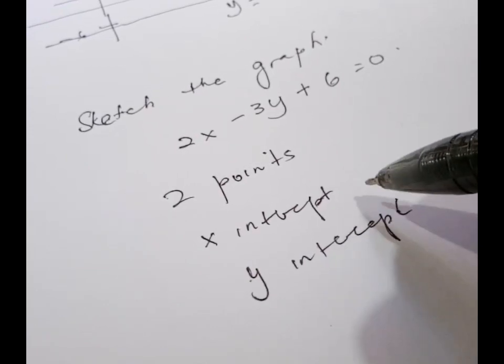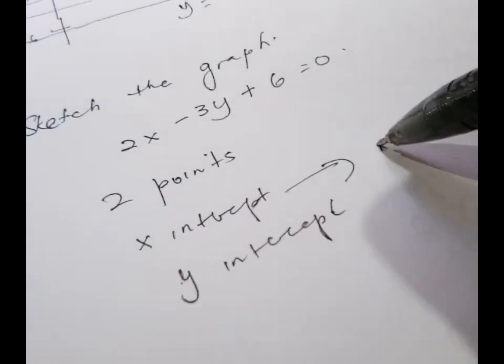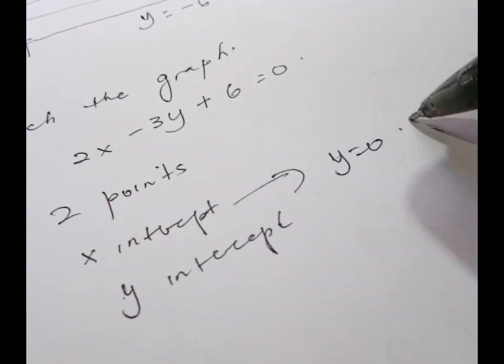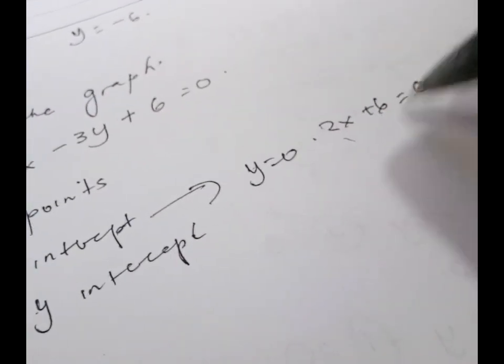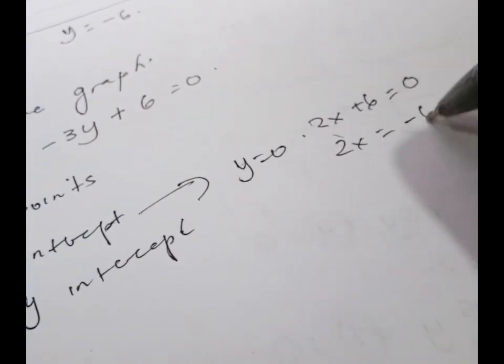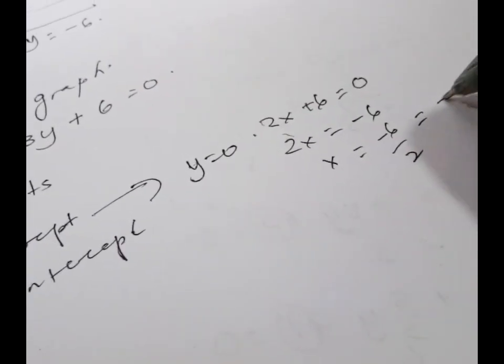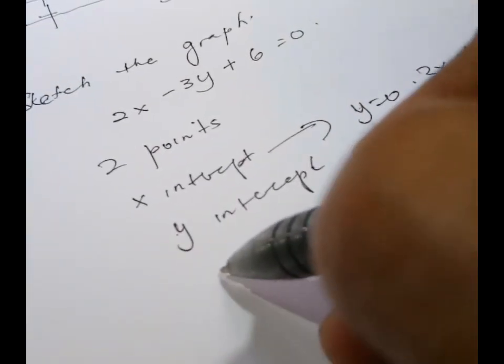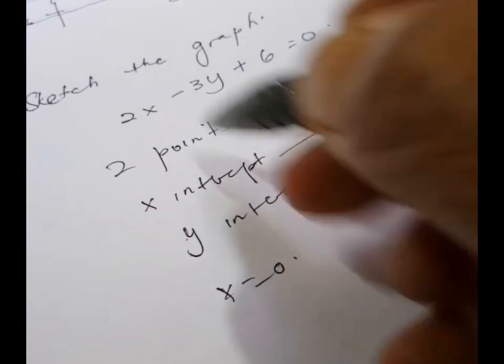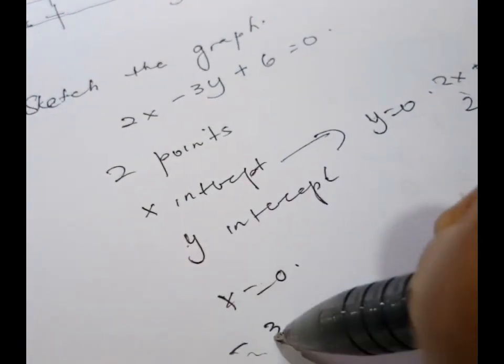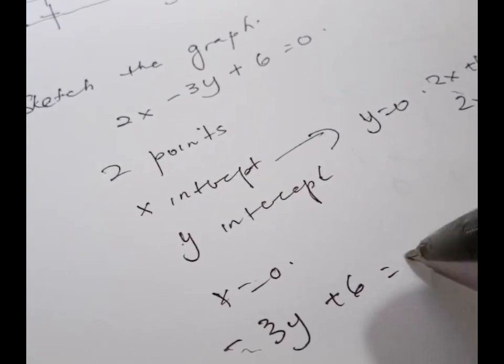Where to get the 2 points here is the x-intercept and the y-intercept. The x-intercept is when y is 0. When y is 0, we have 2x plus 6 equals 0.